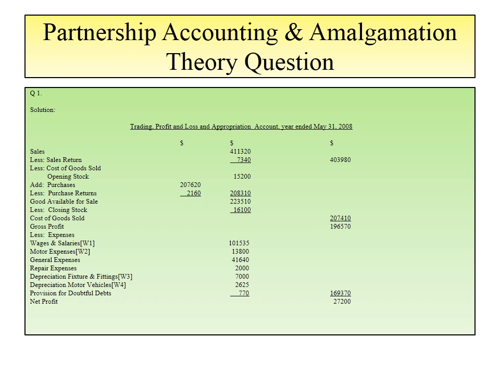First of all, the trading, profit and loss and appropriation account is prepared, and sales is taken up as 411,320 total sales. From this total sales we deduct the sales return to get net sales 403,980. Sales returns are always deducted from the total sales to get the net sales figure.